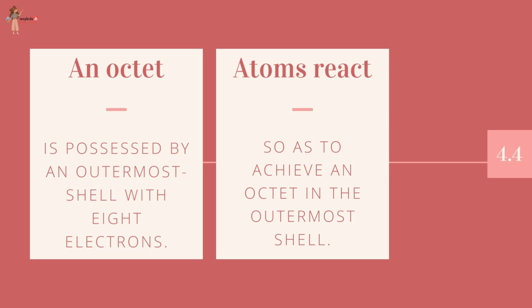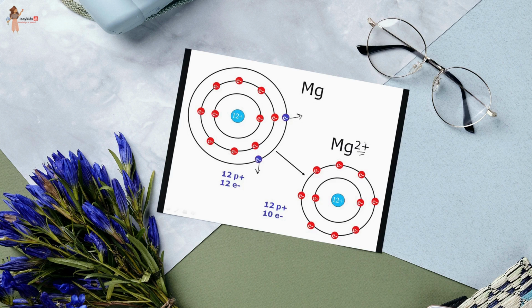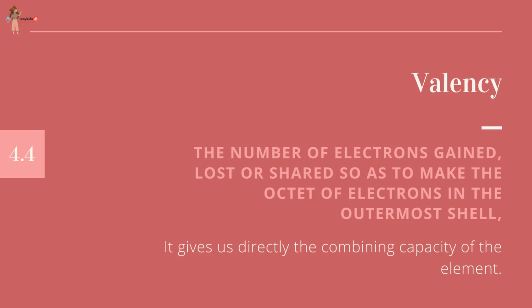Atoms would thus react so as to achieve an octet in the outermost shell. This was done by sharing, gaining, or losing electrons. The number of electrons gained, lost, or shared so as to make the octet of the electrons in the outermost shell gives us directly the combining capacity of the element, that is, the valency.